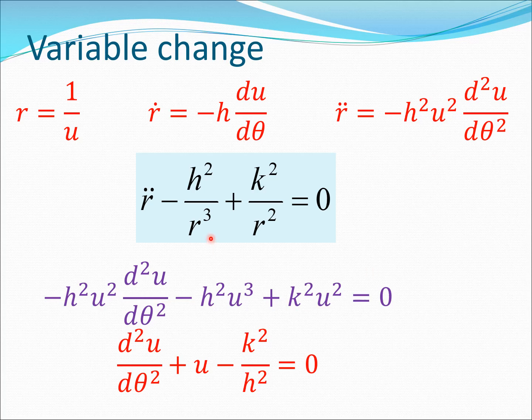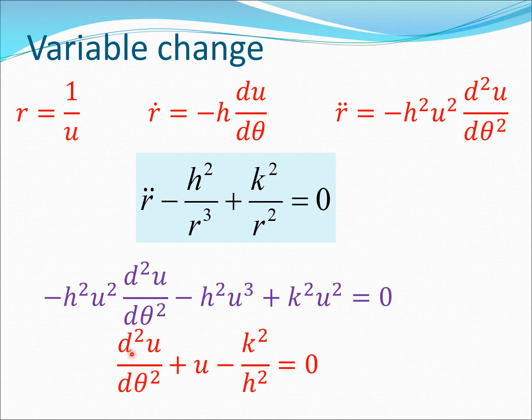From this we get h square by r cube becomes h square into u cube, because r is 1 by u, so 1 by r would be u. Similarly for k square by r square, I get k square u square term. So this is the equation here, and I can further simplify it. I can divide this completely by h u square and flip the negative sign.